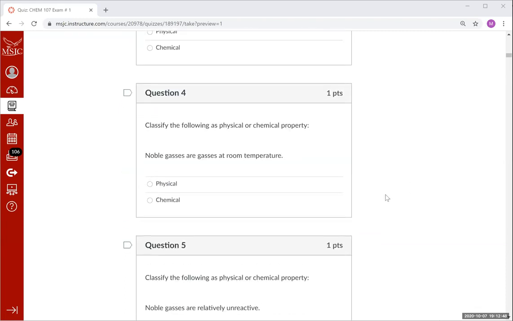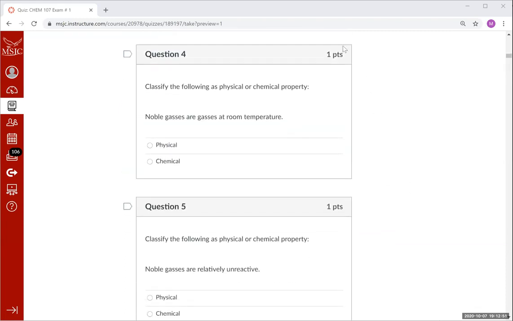Let's look at question 4 now, and let's look at a physical or chemical property. So noble gases are gases at room temperature. So physical state, can we observe something's physical state? Can we observe something as a solid, a liquid, or a gas without changing its composition?